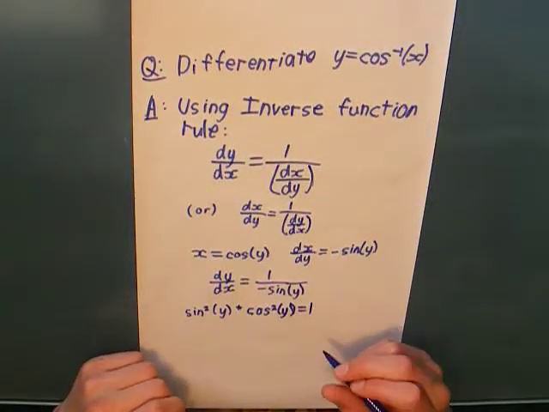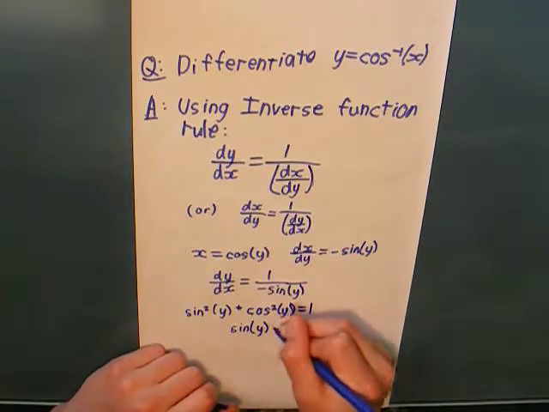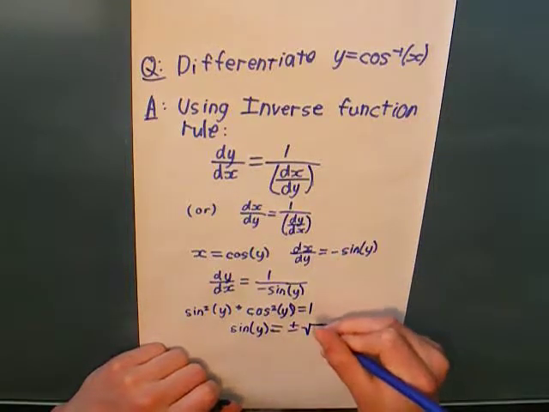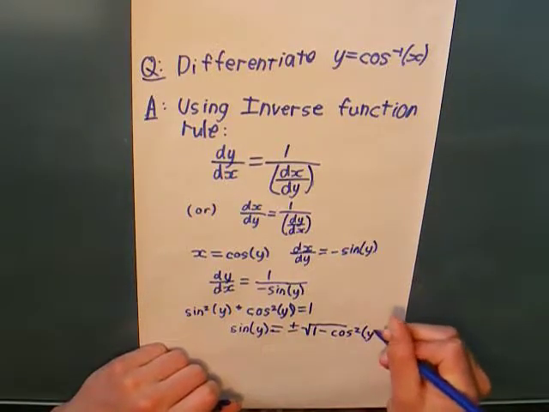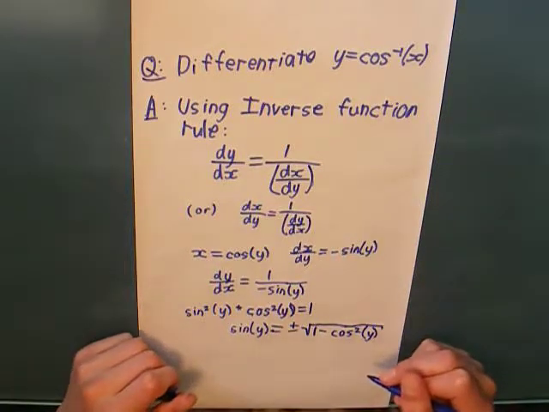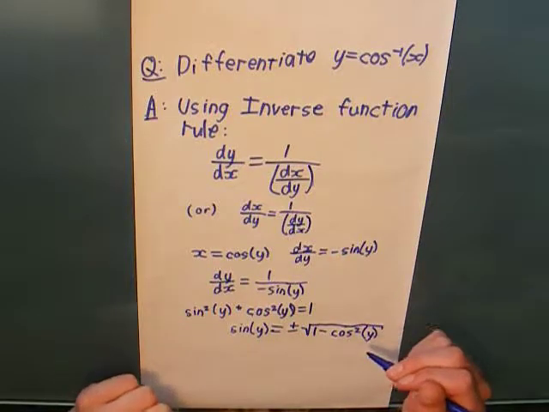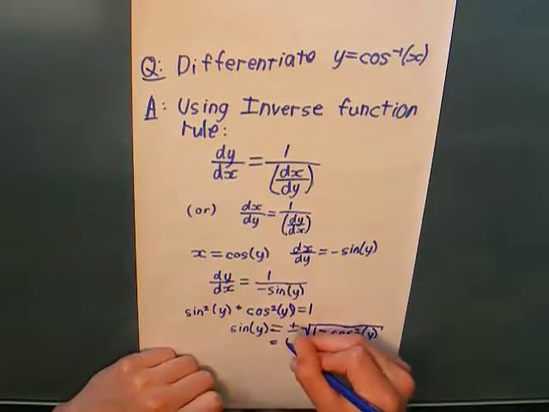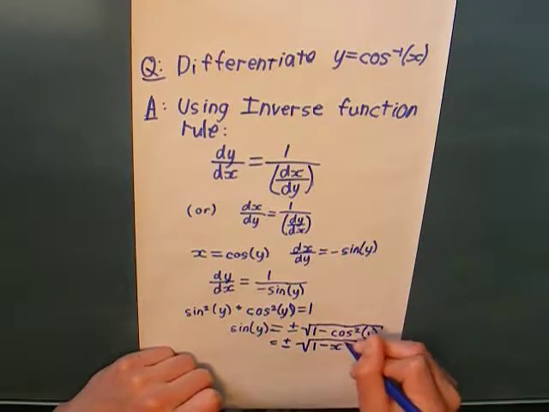So, rearranging gives sine y equals plus or minus root 1 minus cos squared of y. Now, a couple of things. Here, I know that cos y is just x, so this is plus or minus root 1 minus x squared.